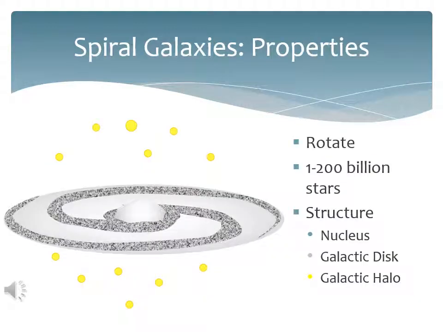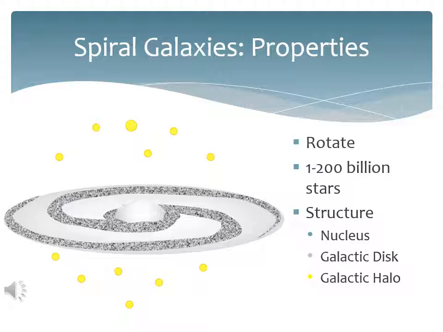Given the appearance of spiral galaxies, it's not surprising that they all rotate. That is, they spin on their axis. Spiral galaxies vary in size from about 1 billion on up to a few 100 billion stars. They all seem to have the same sort of structure.